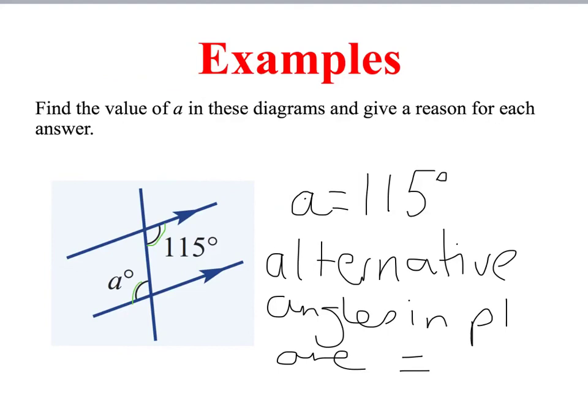Okay, so I know that they're equal because I've got two parallel lines and a transversal, and this one and this one are alternate. And when all those things are the case, alternate angles are equal. This is 115, therefore this is 115.